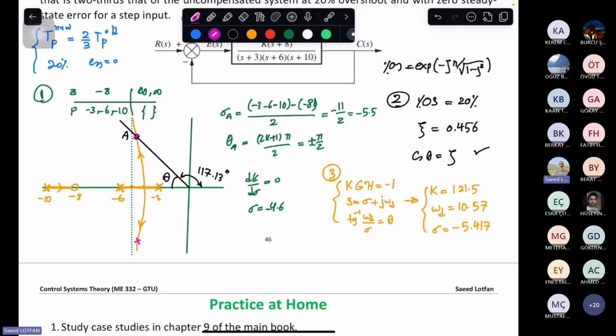So what does it mean? It means that here is 10.57, here is -5.4, and at this point K is 121.5. Okay, this is the condition that I am finding for the system.